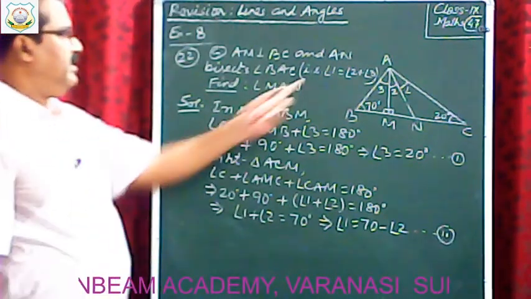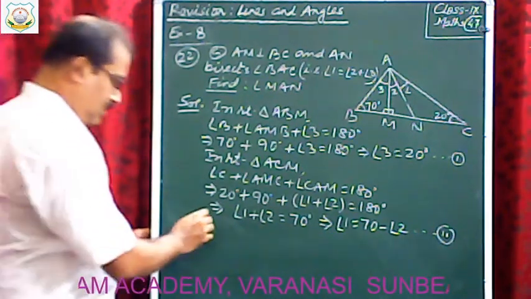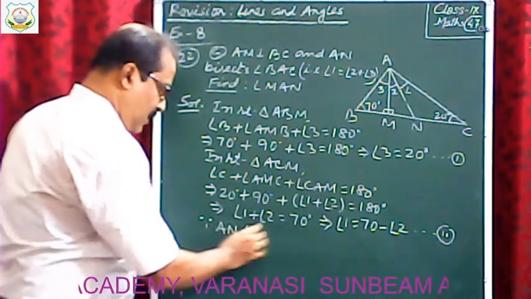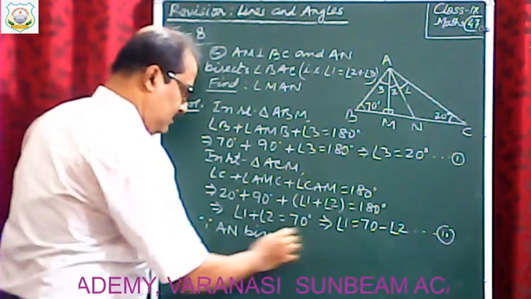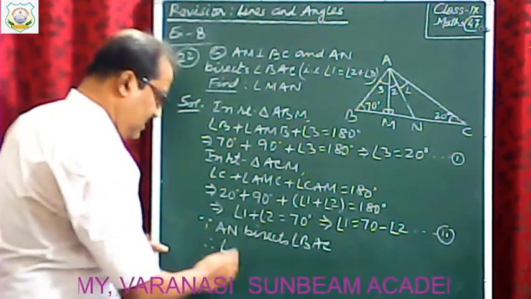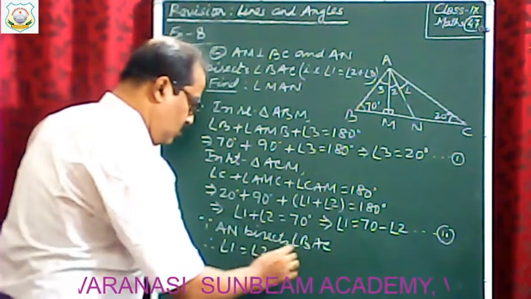Now we have one relation, angle 1 equal to angle 2 plus angle 3. Since AN bisects angle BAC, therefore we can say that angle 1 is equal to angle 2 plus angle 3.